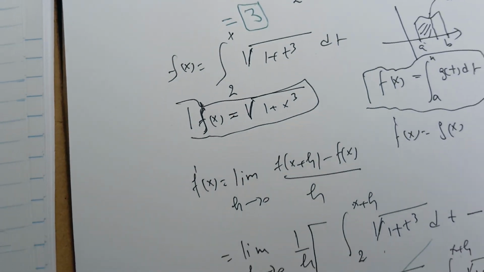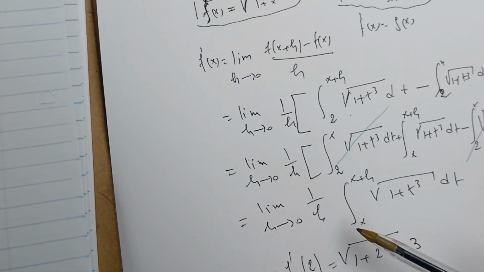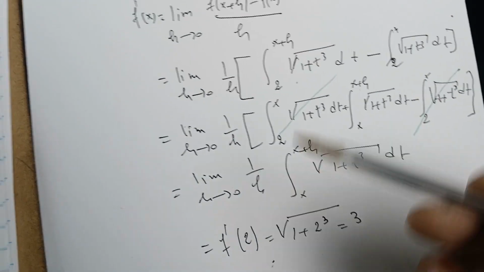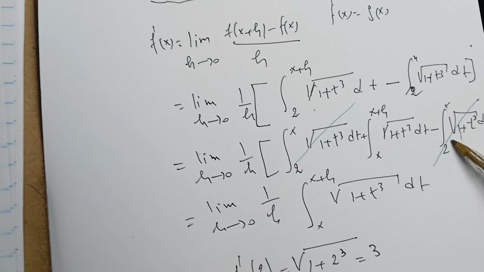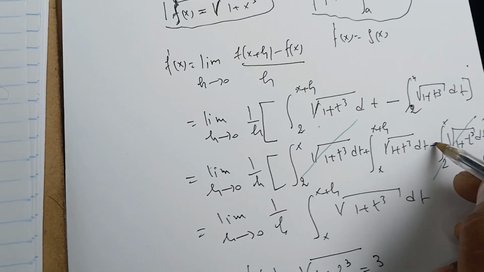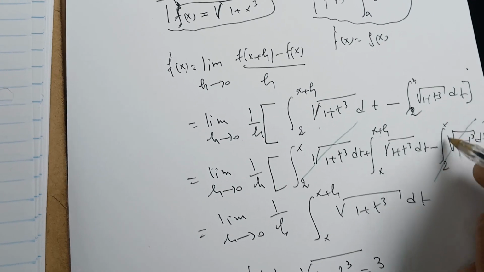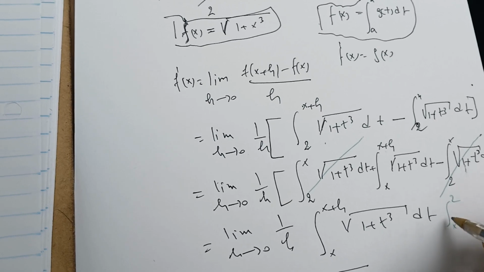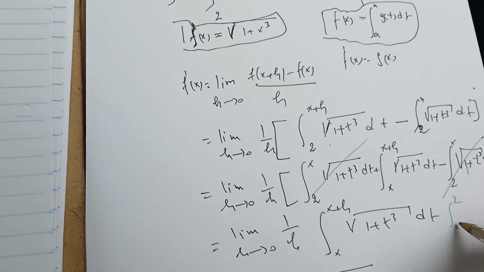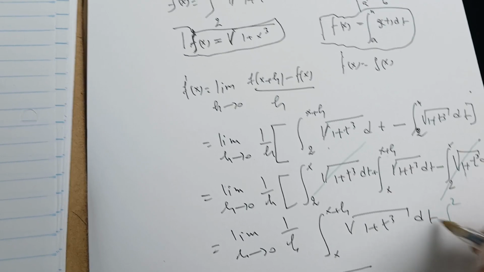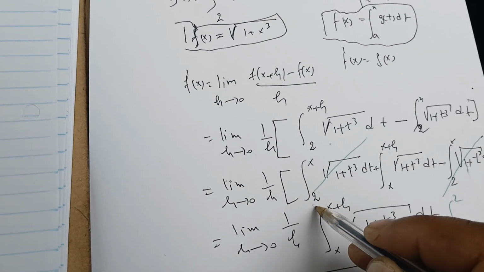I don't want to jump and write down the limit, but we have to use all these steps. We could have switched this one to minus and flipped the bounds, so it goes from x to 2, and we could get rid of these 2 here.